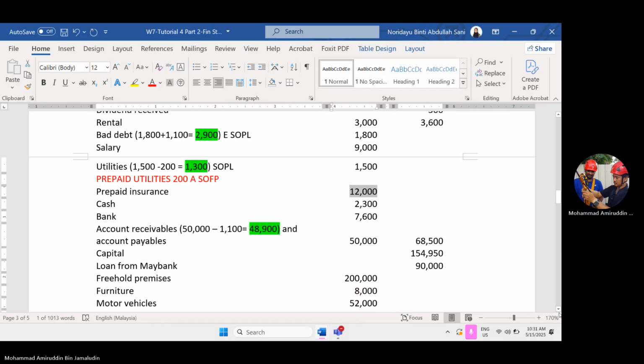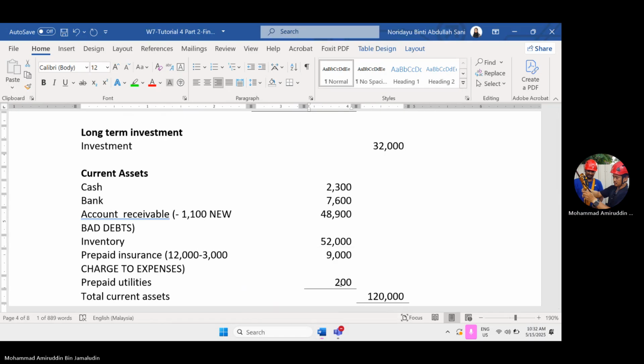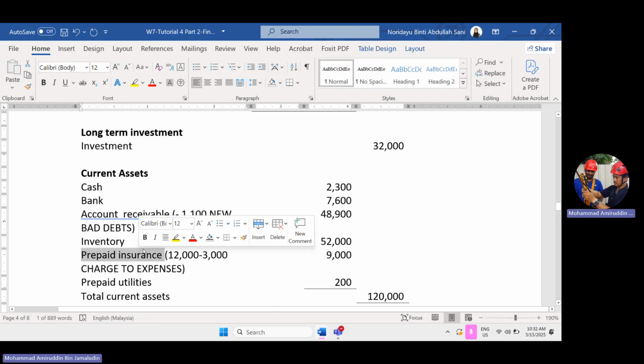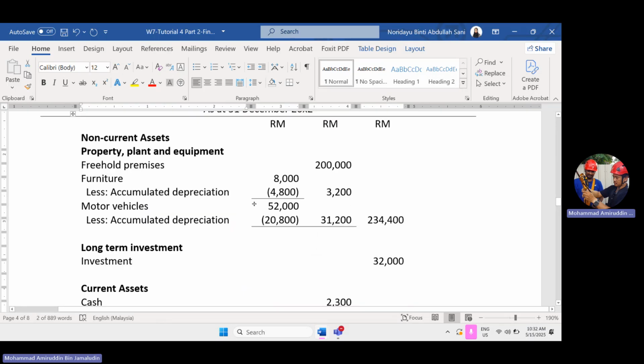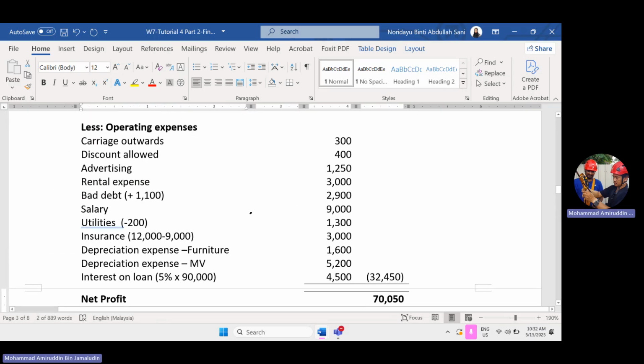Okay? 9,000, this one, prepaid insurance, go to SOFP. And then the 3,000, the maths is correct, right? 3,000 is your expenses. And this one, insurance, 3,000 only.